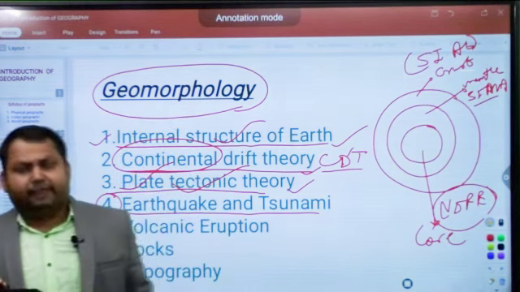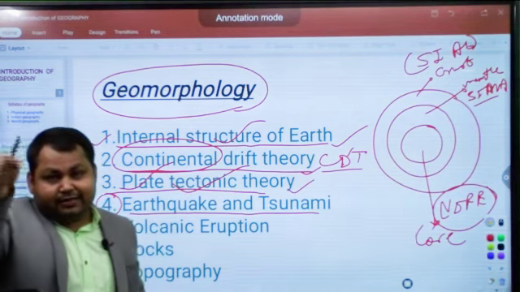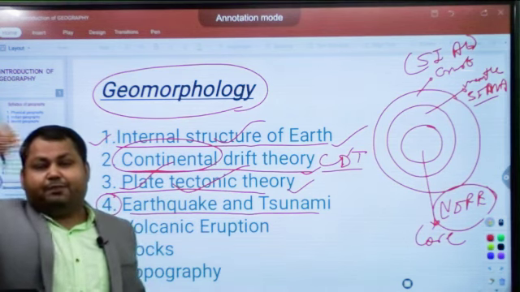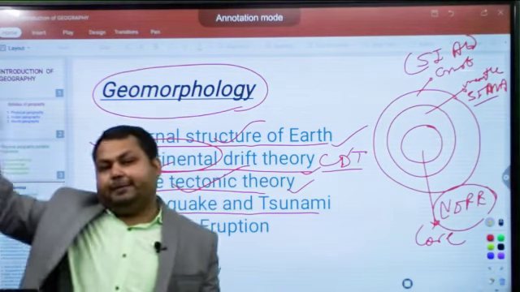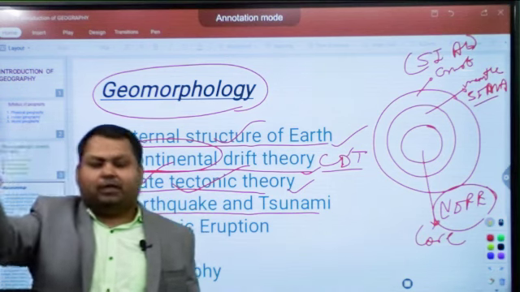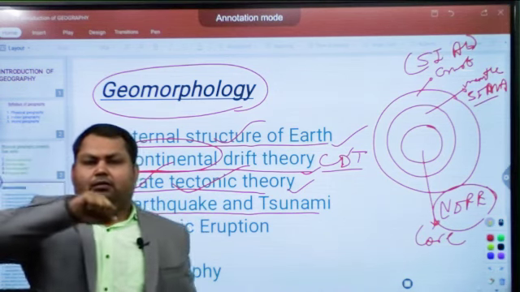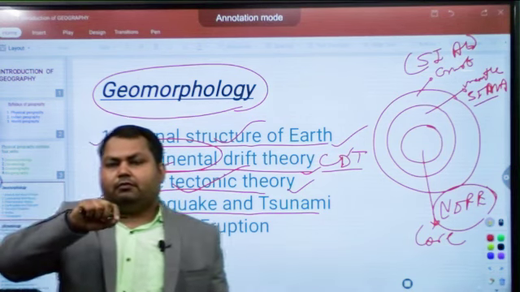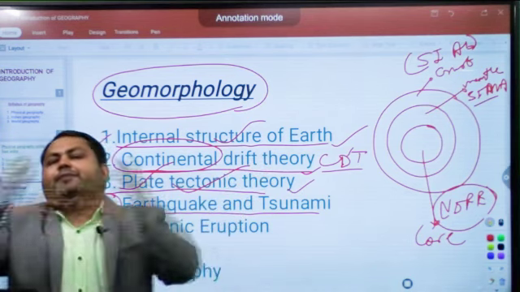Disintegration of radioactive minerals, right? As radioactive minerals are capable of producing clean energy, nuclear energy, in the same way, uranium, plutonium or other minerals lying inside the earth are continuously disintegrating and producing heat energy.